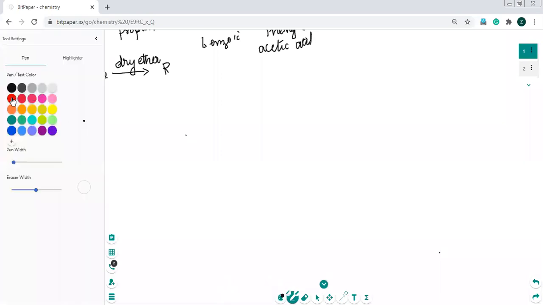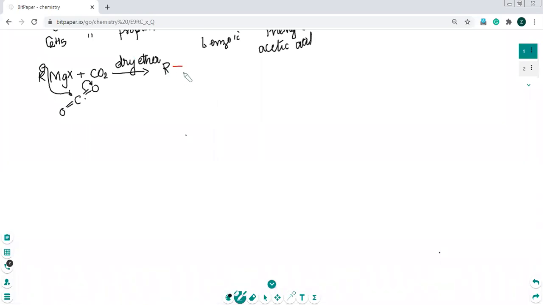Let me mark it with a different color. See, this is the new bond which is formed with the carbon dioxide. And see what happens with the electron shift of carbon dioxide: oxygen becomes negatively charged, and this oxygen remains as such. So this is the salt form.